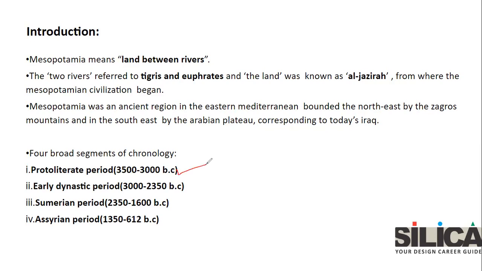Early dynastic period, which is 3000 to 2350 BC. Sumerian period, which is 2350 to 1600 BC, and Assyrian period, which is 1350 to 612 BC. So these are the four broad segments of chronology of Mesopotamian civilization.